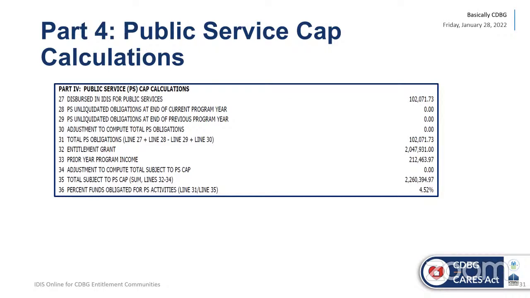However, in the PR26, for now, we did not exclude that from the Part 4 section. So it requires you to enter the justification to subtract 2019 and 2020 funds that are used to respond to the coronavirus. Next slide, please.